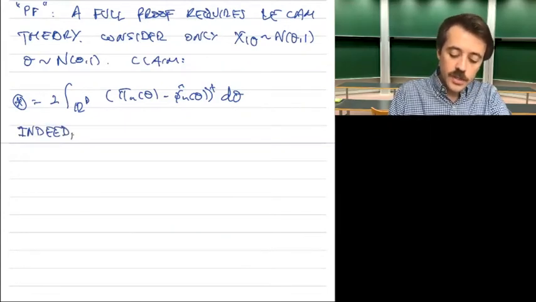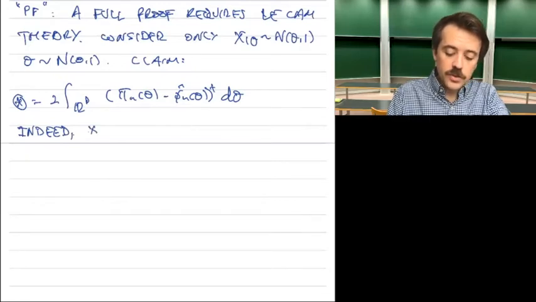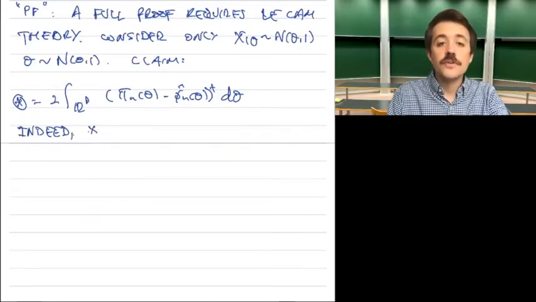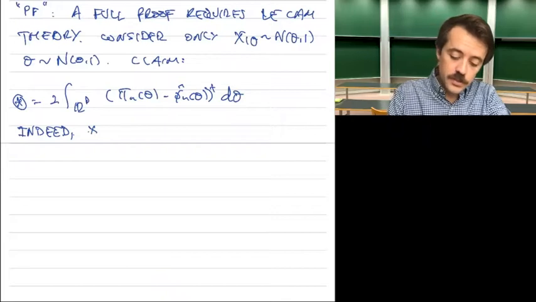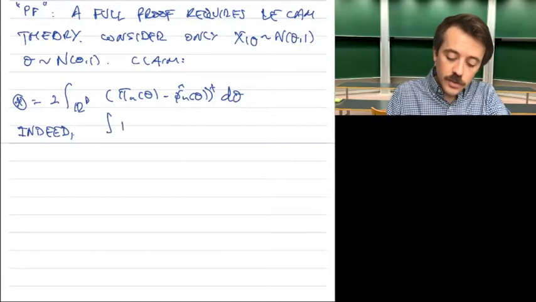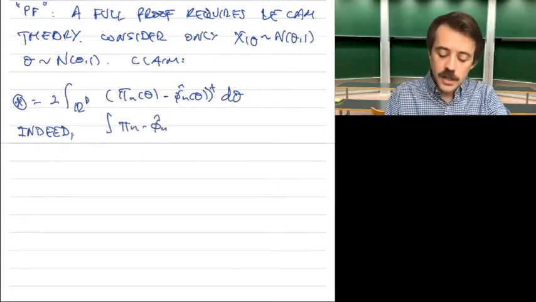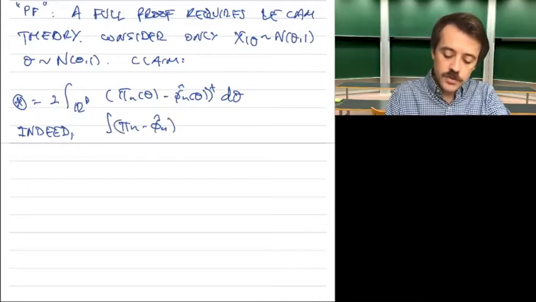Indeed, if we take the integral of pi n minus phi n, and let me just drop the thetas, then of course this is going to be 1 minus 1, because these are densities, so this is going to be 0.